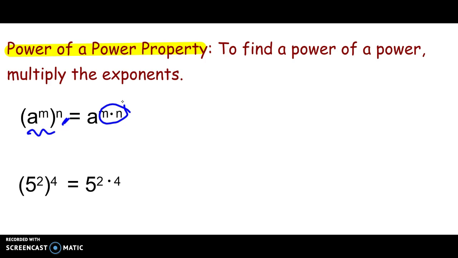Let's look at the example 5 squared raised to the 4th power. That's telling me that I'm going to take 5 squared and multiply it by itself 4 times. Now, if I follow the rule that we just learned, I know that anytime I multiply exponents with the same base, I add the exponents.